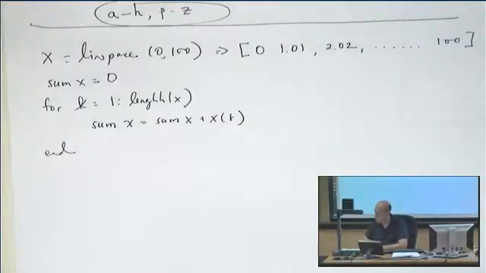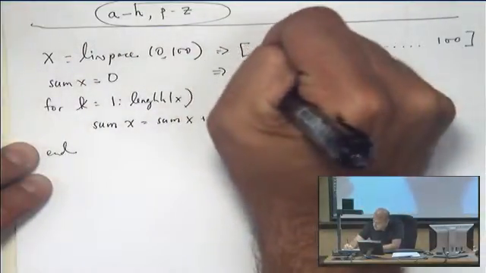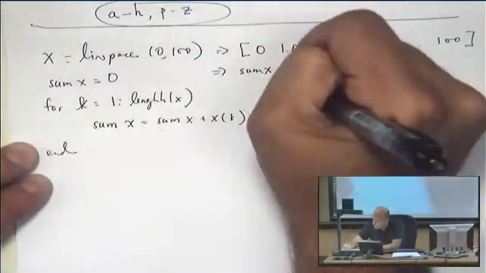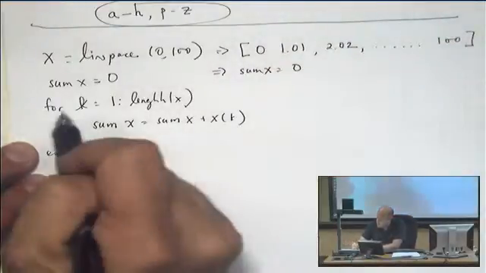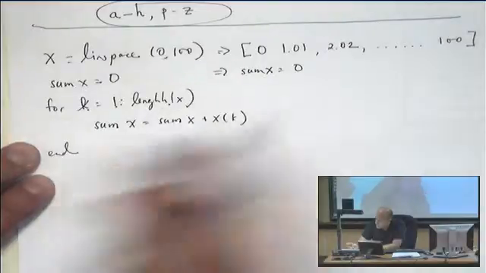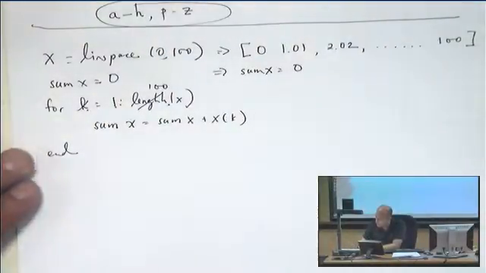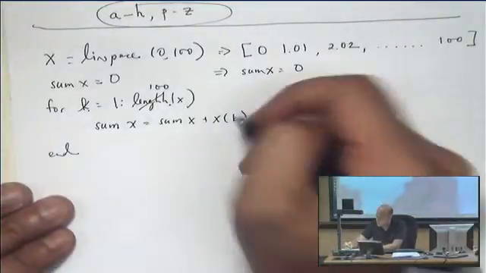Then what this loop does is it says sum x is equal to 0. So at this point, I have a variable I call sum x, and it's equal to 0. This is looping through, and it's saying for k is equal to 1 to the length of x. x has 100 elements, so you can say for k is equal to 1 to 100, sum x is equal to sum x plus x of k.